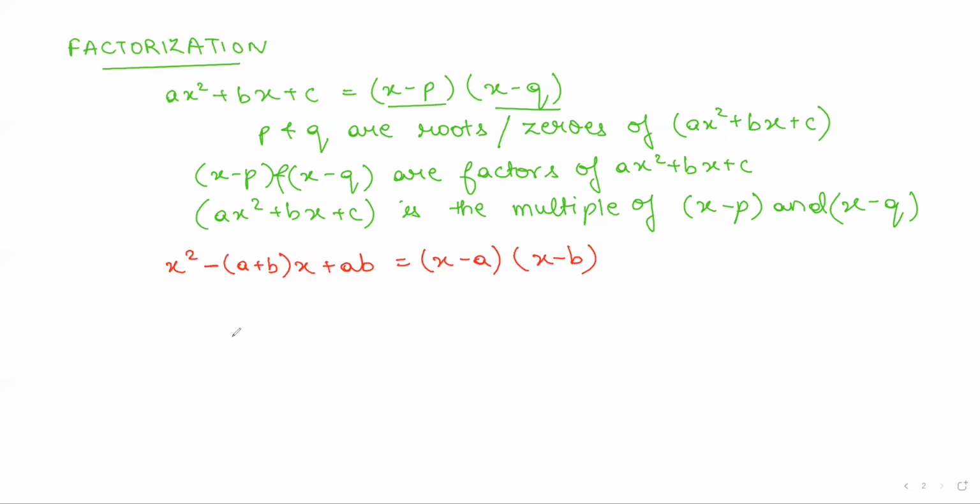If you observe what's happening here, the x squared term has a coefficient 1, the x term has a coefficient of minus (a plus b), and your constant is ab. a and b are the roots or zeros of your polynomial. Also, let's write it in capital letters so that we can compare.